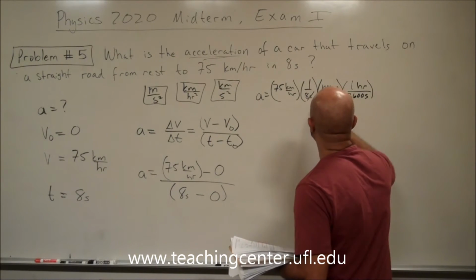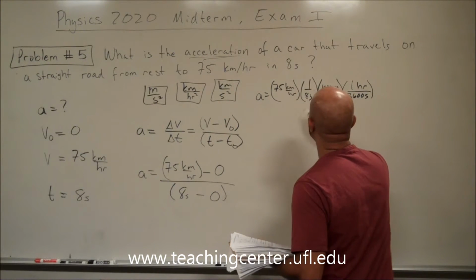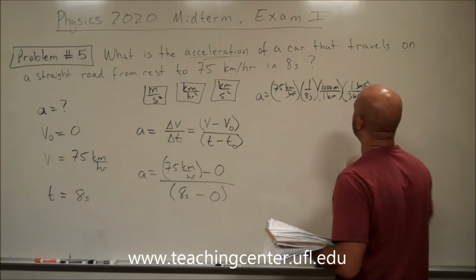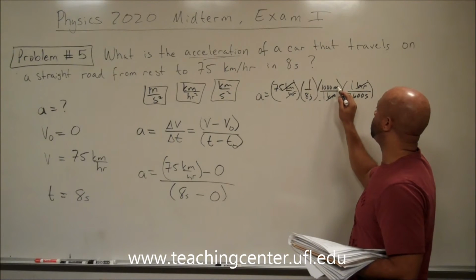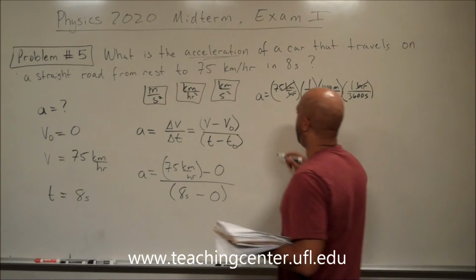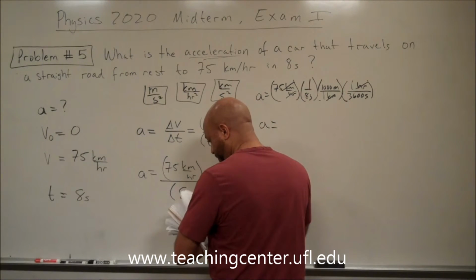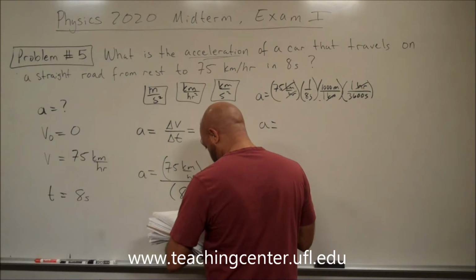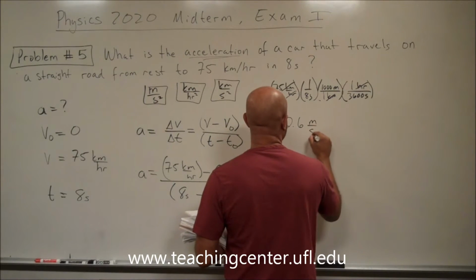So this hour will cancel out with this hour. This kilometer will cancel out with that kilometer. And what's left is meters over seconds times seconds, which is seconds squared. And if we calculate this, we actually get 2.6 meters per second squared.